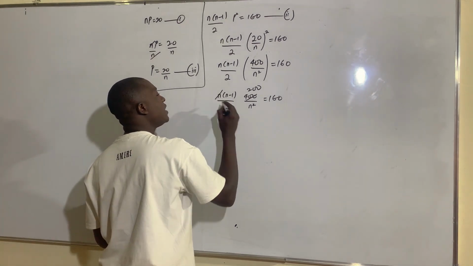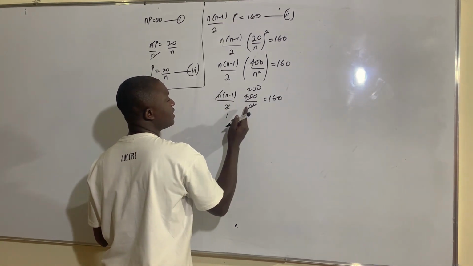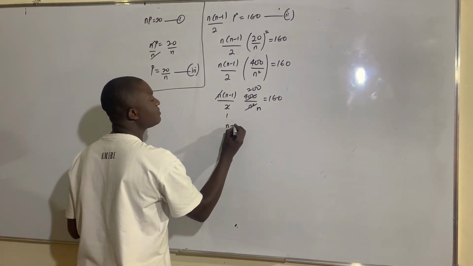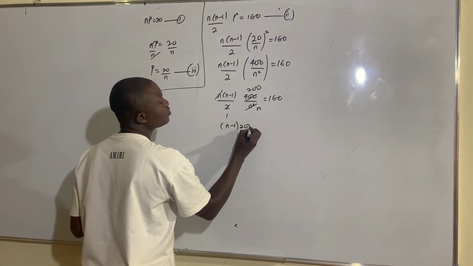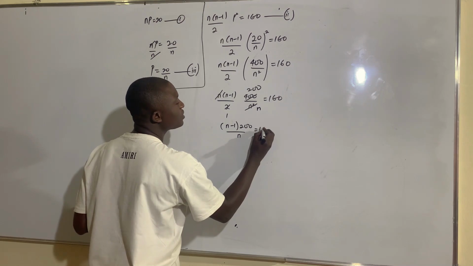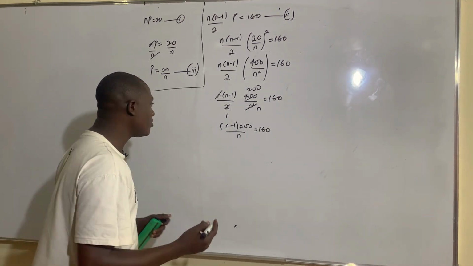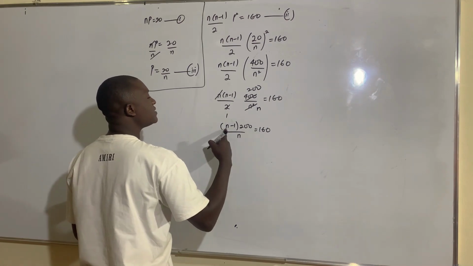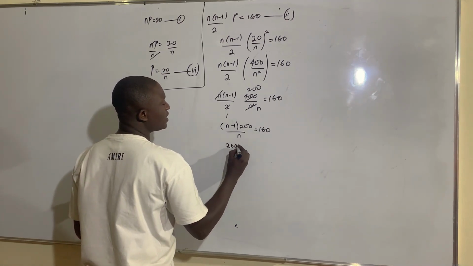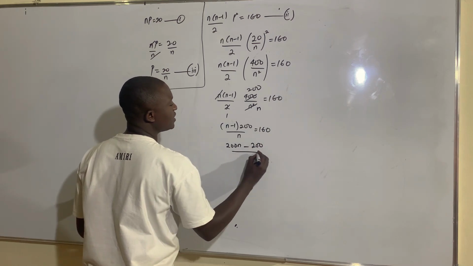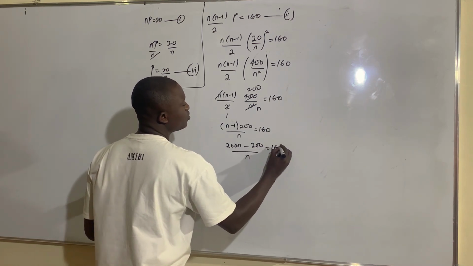And here is n, and n can cancel one n of n squared, so it's going to remain 1 n here. So what we have left now is n minus 1 times 200 over n equals 160. Now I can open the bracket. 200 times n is 200n, and 200 times 1 is 200, over n, equals 160.